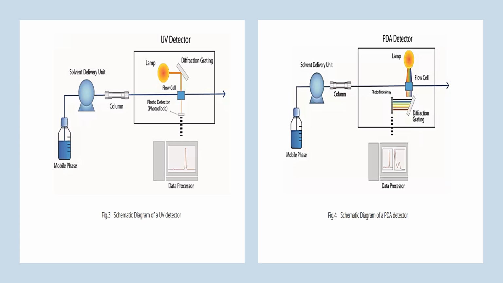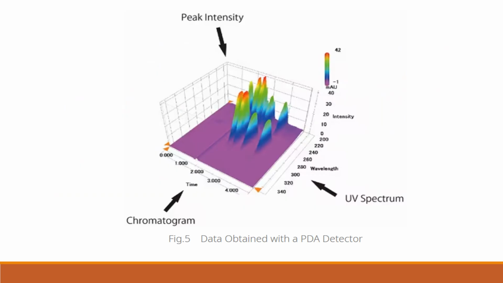Using a PDA detector allows you to measure a continuous UV spectrum, resulting in a multi-wavelength chromatogram. The detector not only provides you a chromatogram with a y-axis and x-axis, but it also gives you three-dimensional data having a wavelength axis on the z-axis.